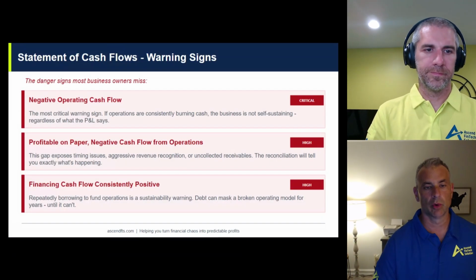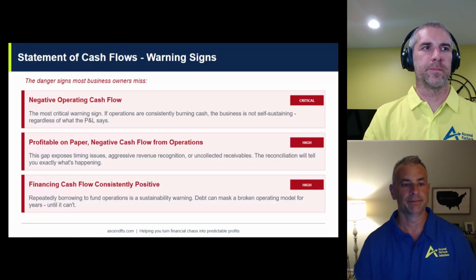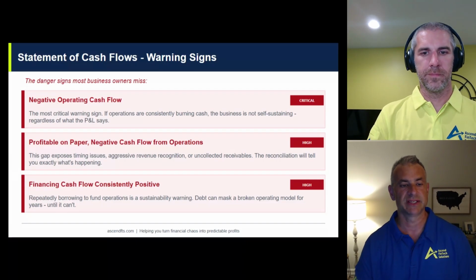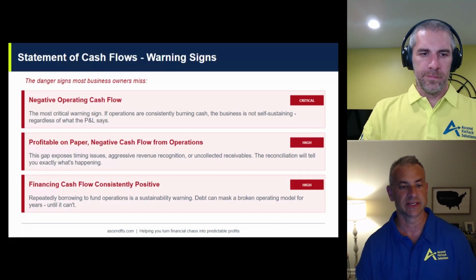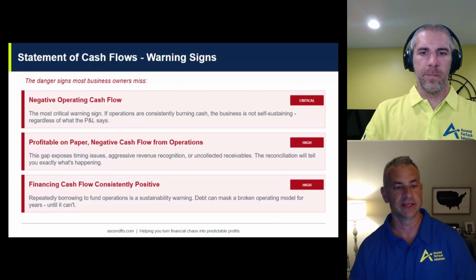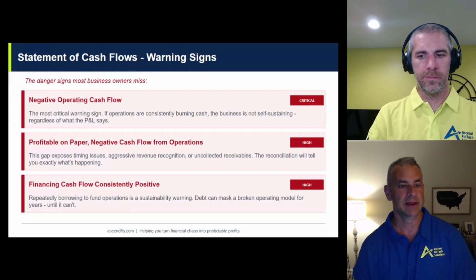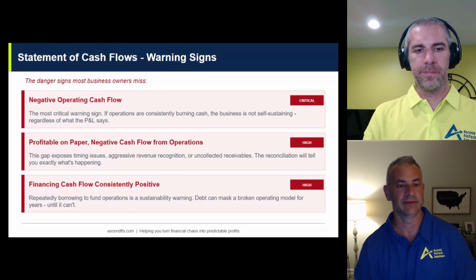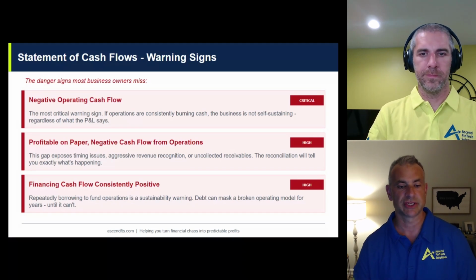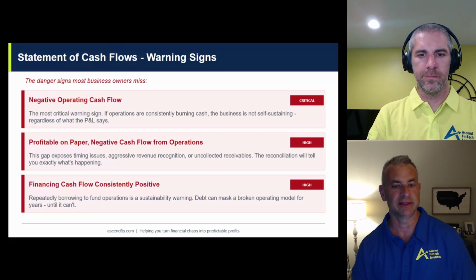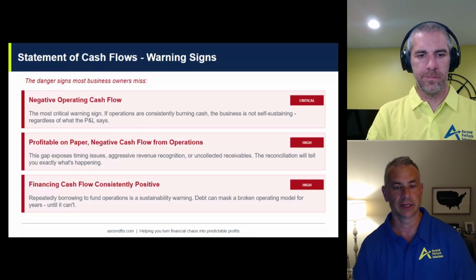Here again, with the warning signs: negative operating cash flow means your business is not generating cash flow on a regular basis. That would definitely be something to look at. Maybe you're profitable on paper but have negative cash flow from operations. There could be some timing things going on, like receivables you're not collecting.